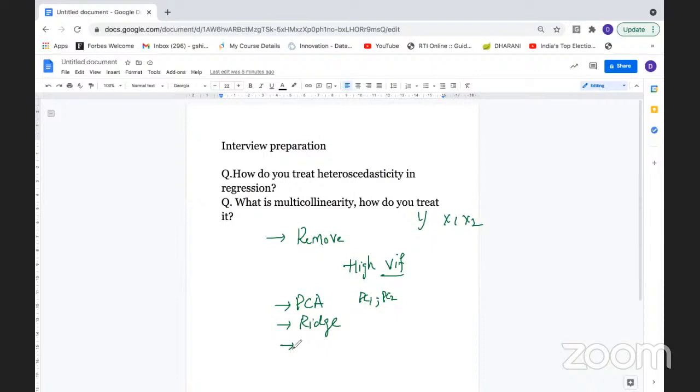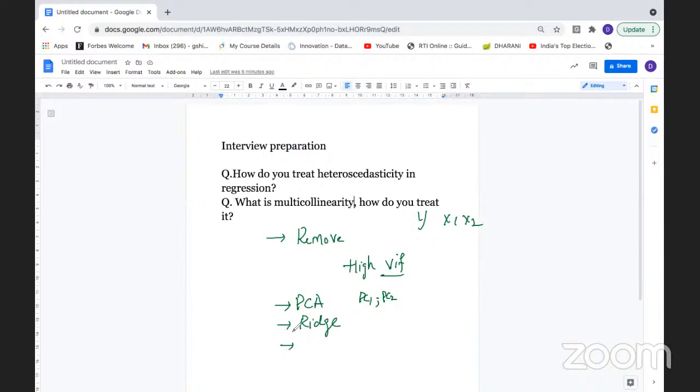Centering means subtracting the mean from the values of the independent variable before you create the interaction values. If you capture the intermediate effect of one variable, you can solve the problem of multicollinearity.